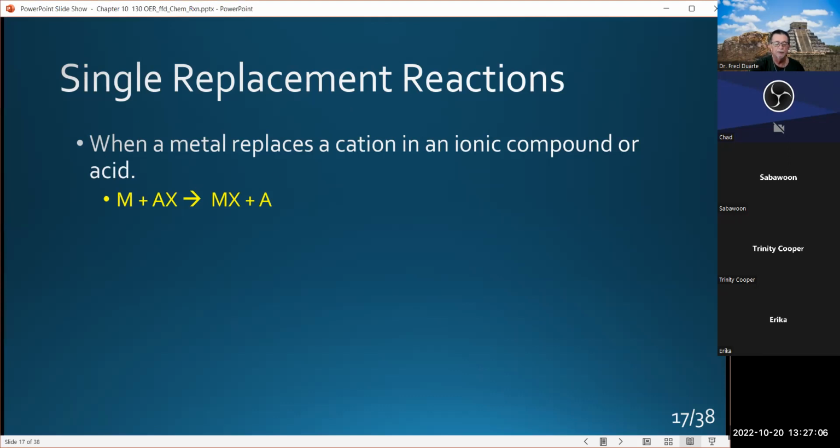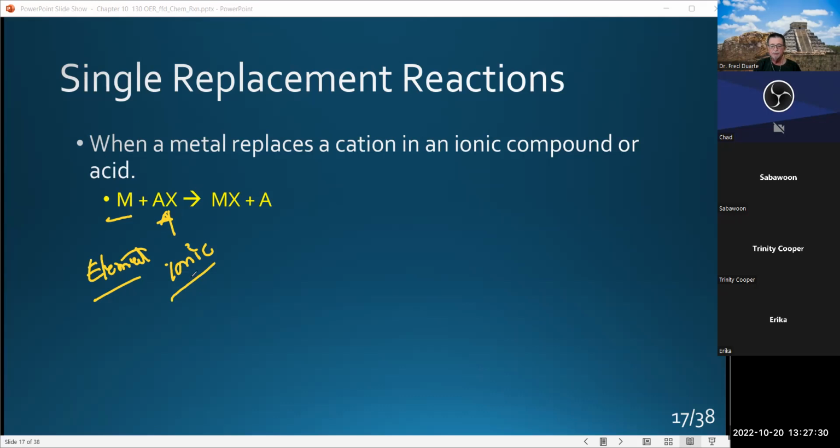So in this scenario, let's break it down. We have a metal in elemental form, so it's an element, okay? Zero charge on it, equal number of protons and electrons. And then we have a second metal, which is in ionic form, okay?